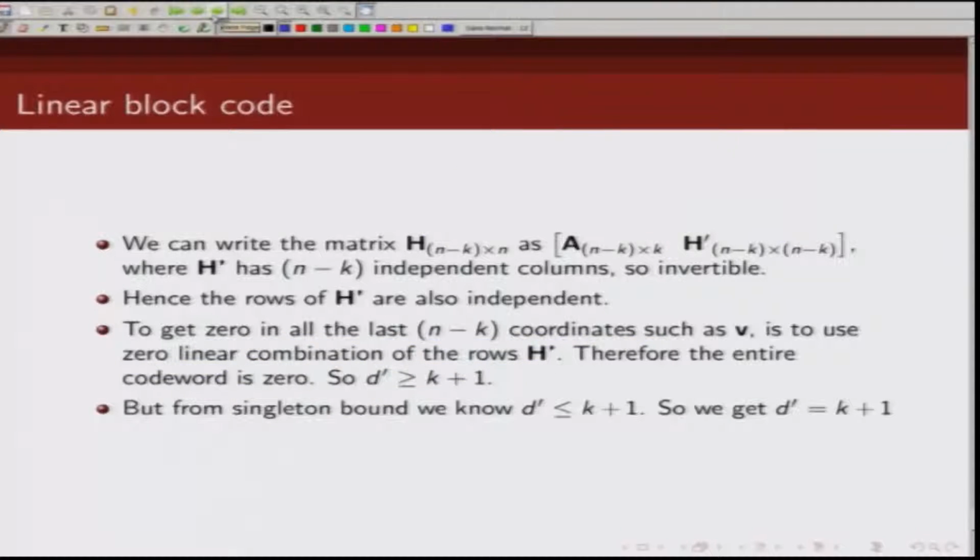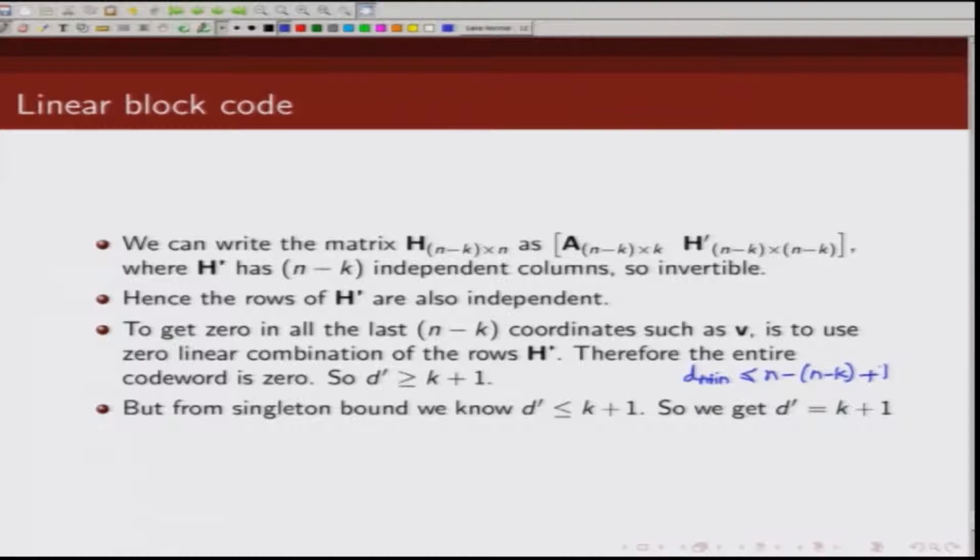Now, we know that the minimum distance of the code must satisfy the bounds. It should satisfy, for example, the Singleton bound. Now, what does the Singleton bound say? The Singleton bound says the minimum distance of the code is upper bounded by n minus the dimension of the code, which in this case is n minus k plus 1.